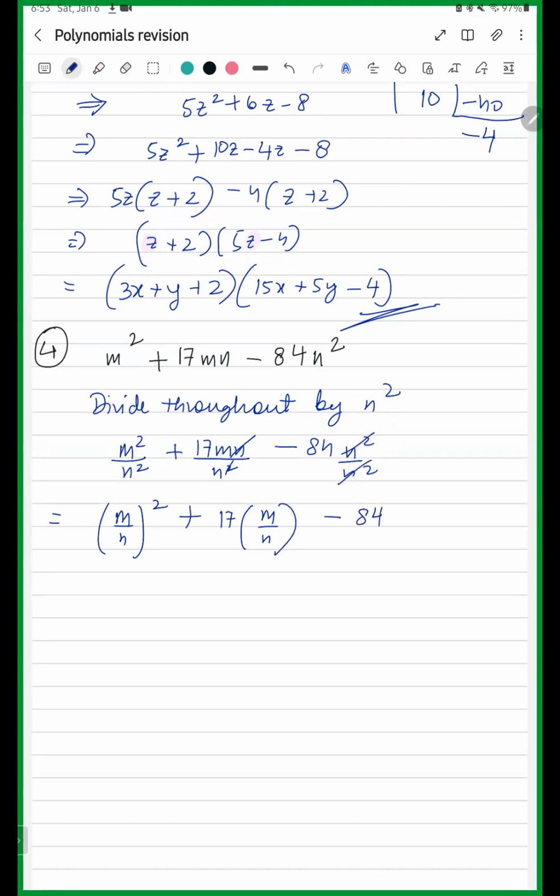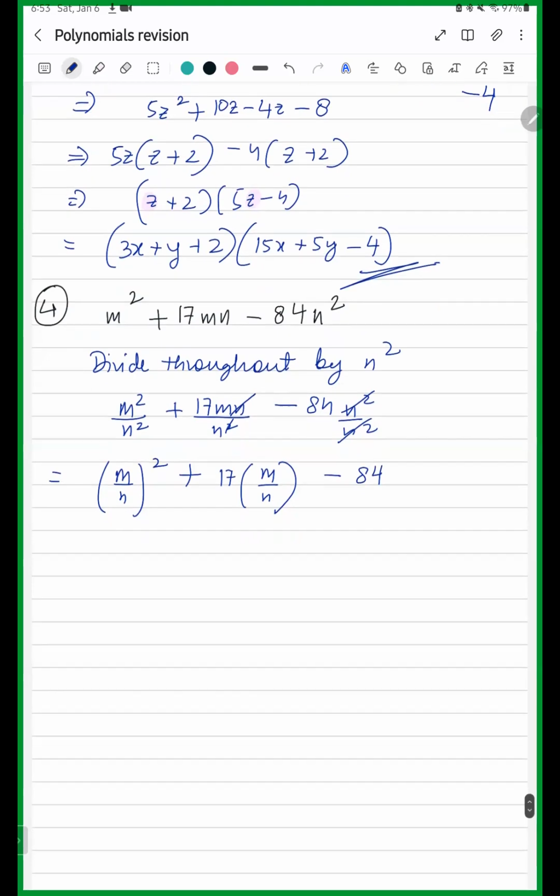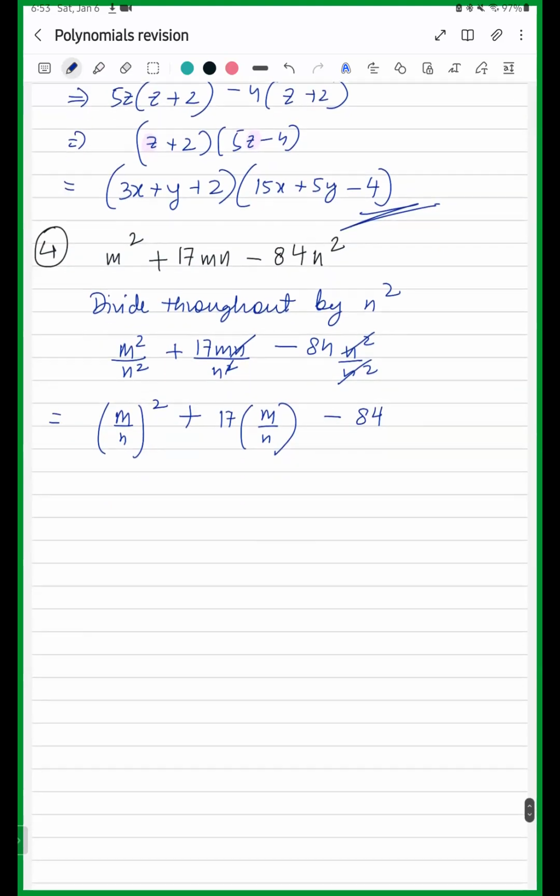So till here, now what do we observe? That this entire polynomial is looking like a quadratic polynomial. This m by n can be replaced by another variable. So let's say let m by n equal t, you can say x, whatever.